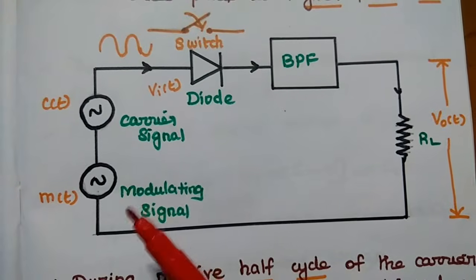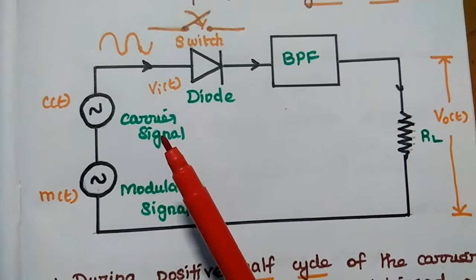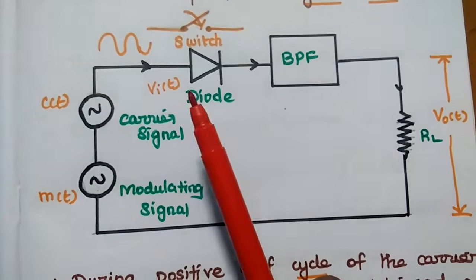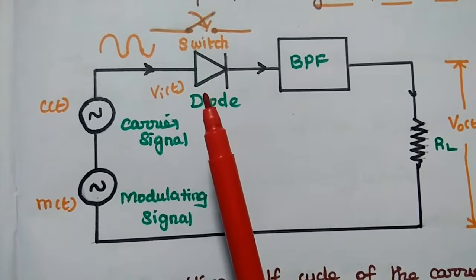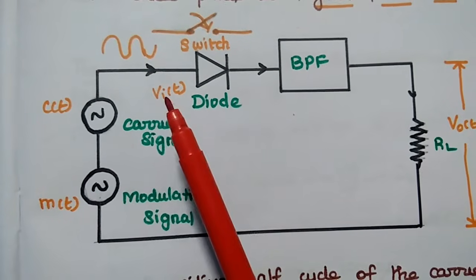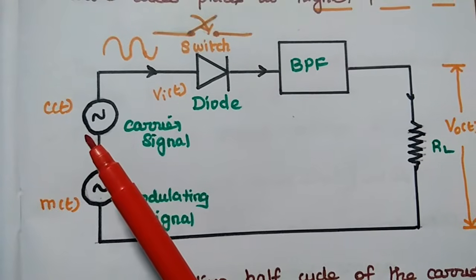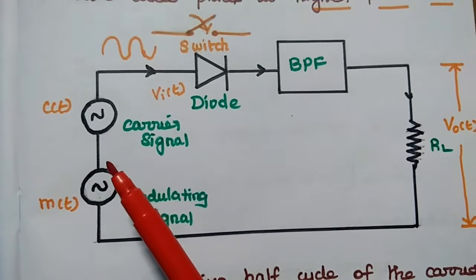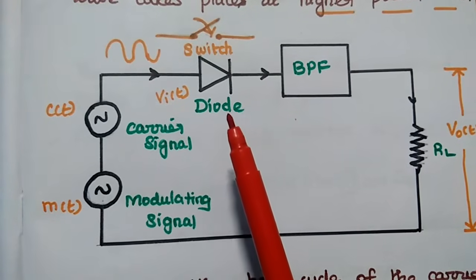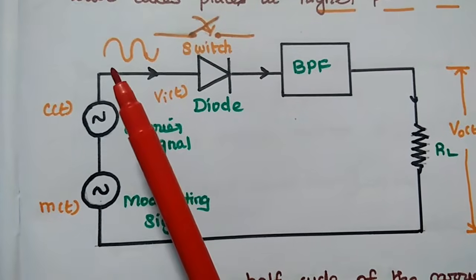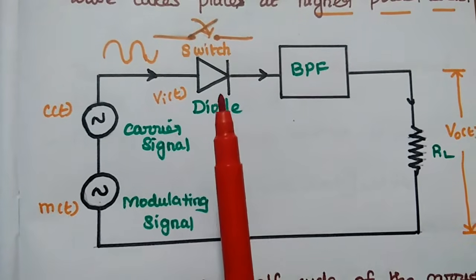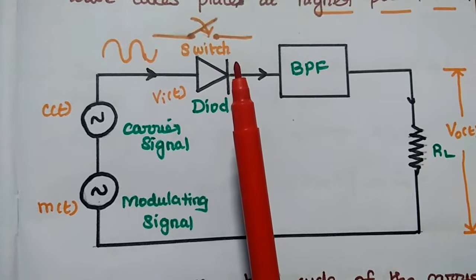In the first step, the modulating signal and carrier signal are connected in series and their sum is given as the input to the diode. Here Vi(t) is the input to the diode, equal to the sum of m(t) and c(t). As we know the operation of a diode, during the positive half cycle, the diode is forward biased and acts as a closed switch.